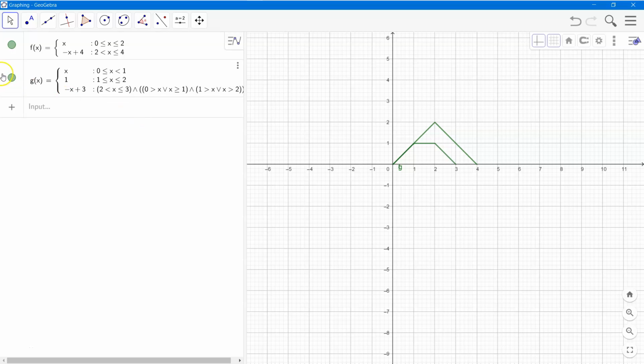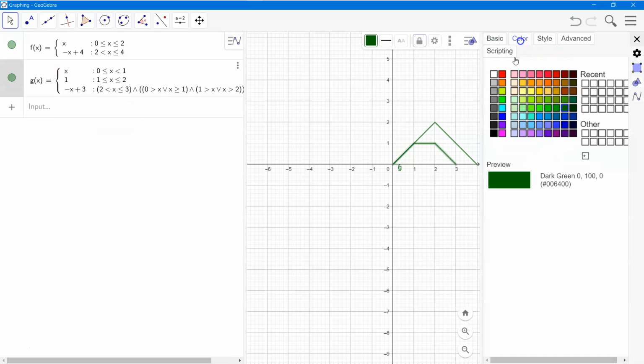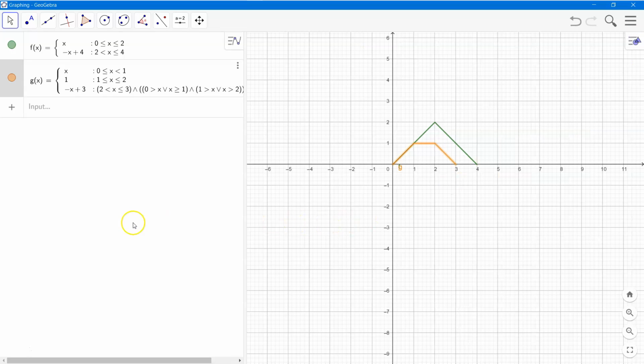Now, let's change the color of this one. Usually it gives different colors, but I don't know. Now what we want to do is flip it to the other side.